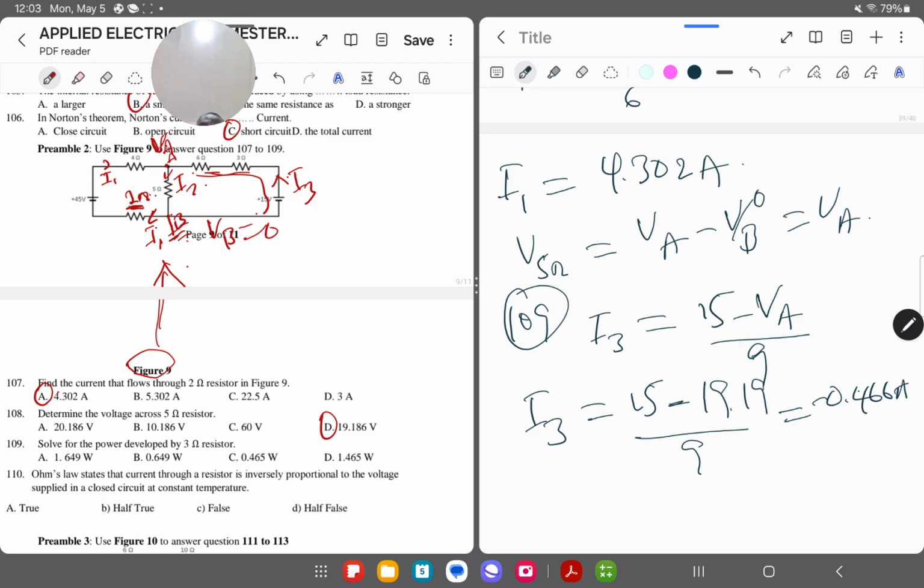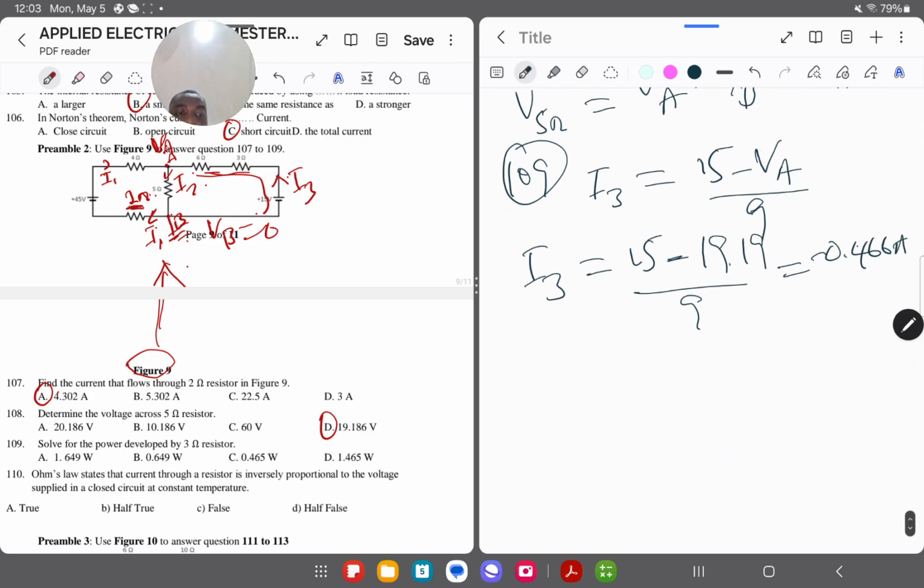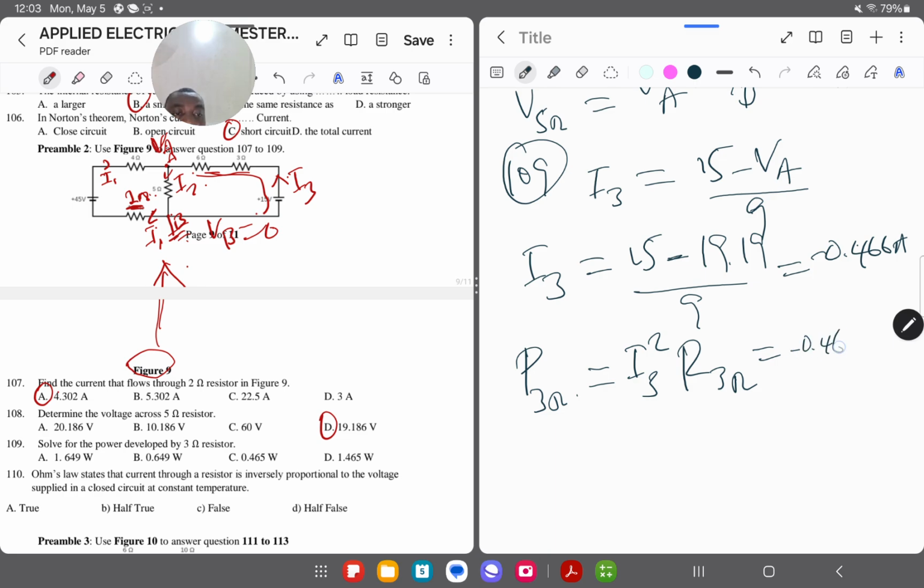So this is what the current is. We are interested in the power dissipated. So power dissipated by 3 ohms is going to be what? The current which is passing through the 3 ohms, and here it's I3. So let me just make the I3 squared times its resistance, which is 3 ohms. So we get this one to be minus 0.466.